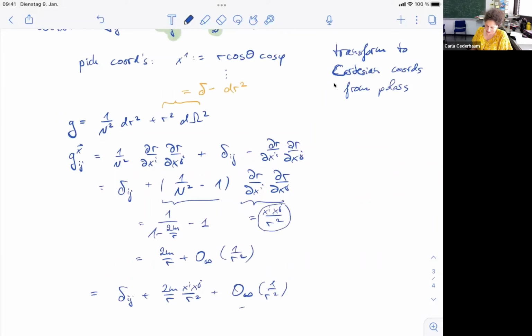So I can swallow this into this. In other words, I can certainly write this as delta ij plus O2 of 1 on r. So it's asymptotically Euclidean of rate theta equals 1 or any smaller rate.